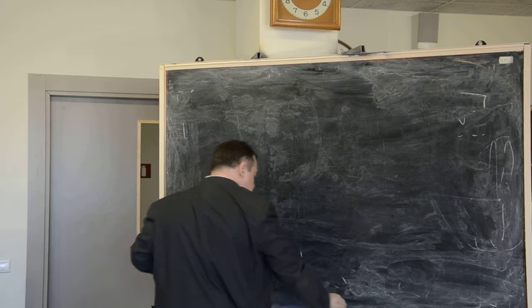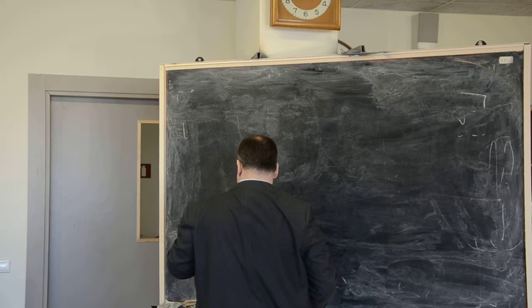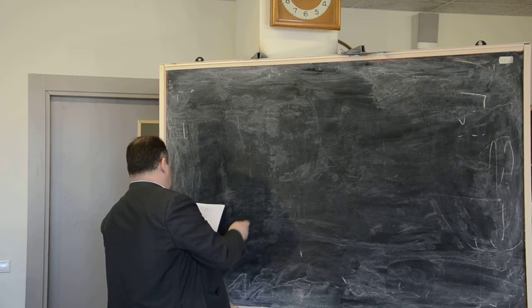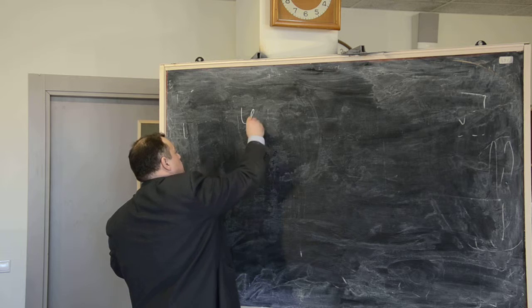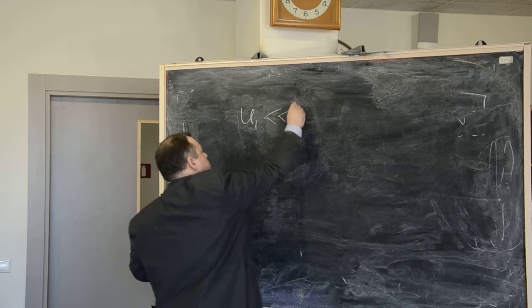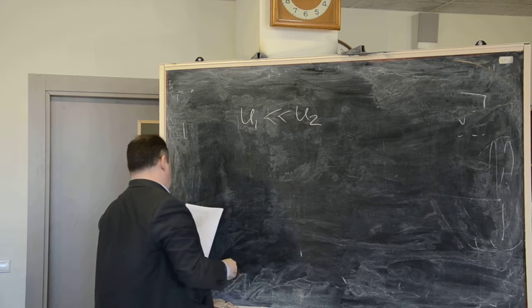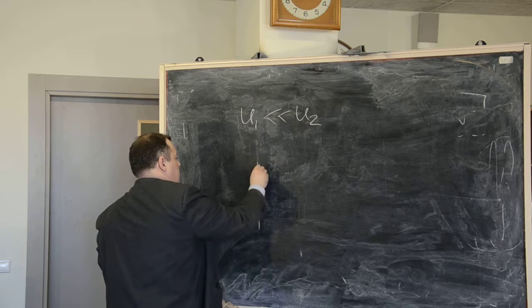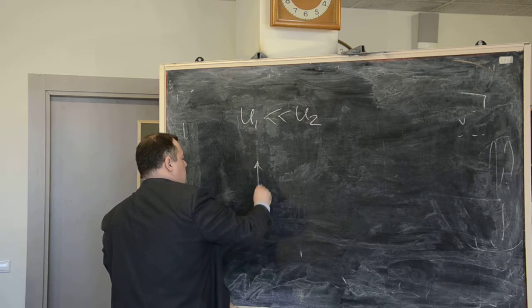In one case, let's say the first voltage is much smaller than the second one. It will give us a vectorial diagram something like this.